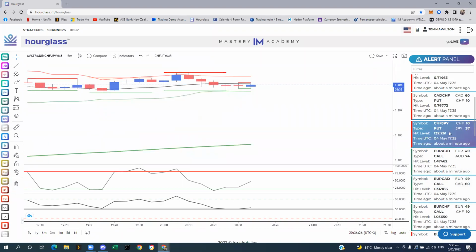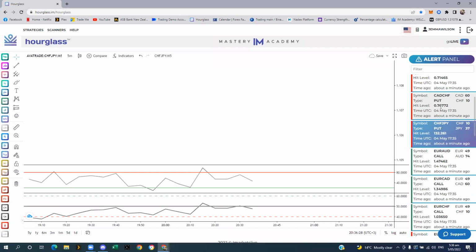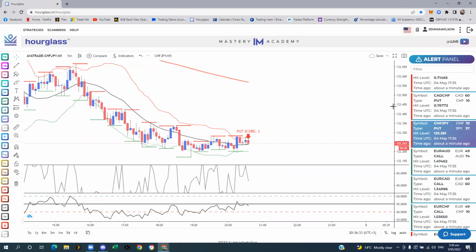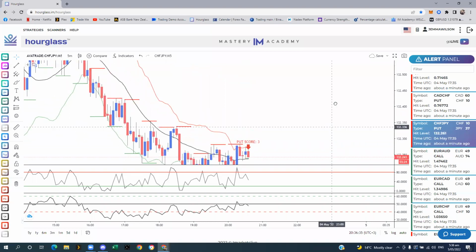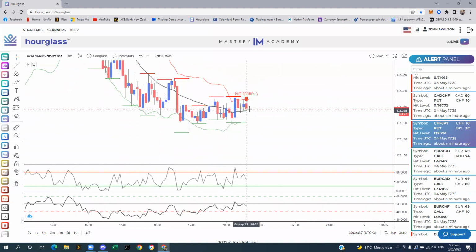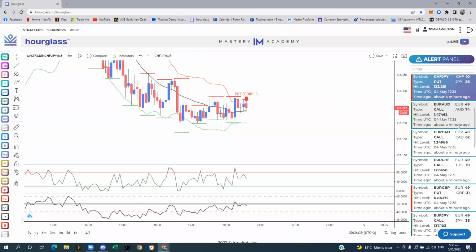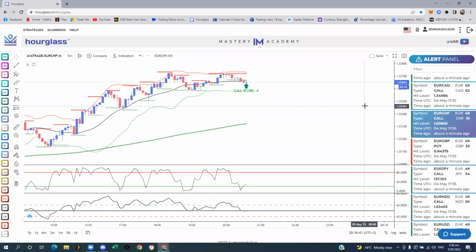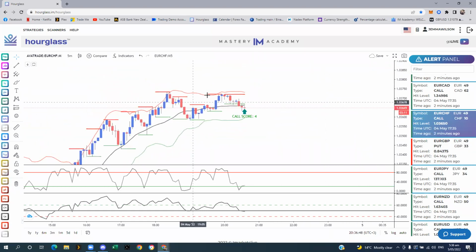Here we go. Do we just do CHF JPY? Let's see. Sometimes with the scanners, you need to refresh them. Okay, that one's already moved. That one, Euro CHF, we just did, didn't we? And Euro CHF has pushed past, and I can't see a resistance line there.